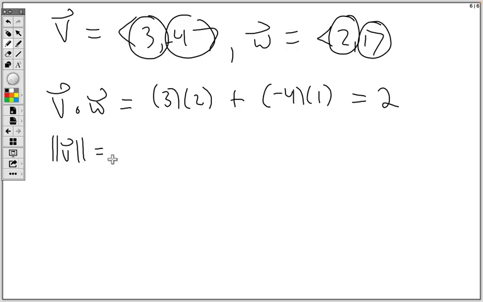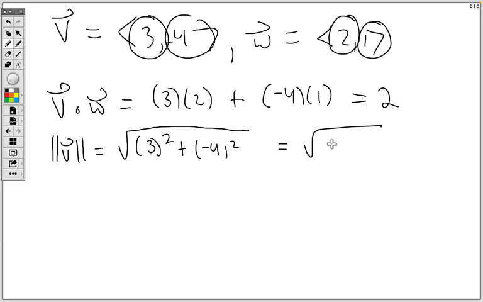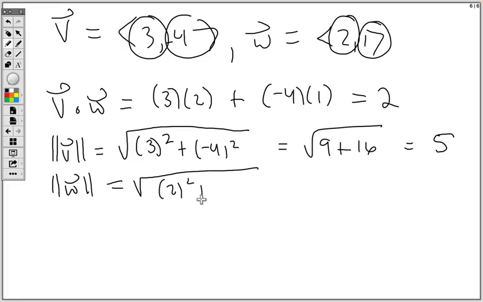The length of V: square the components, add them up, take the square root. Magnitude of W: square the components, add them up, take the square root.